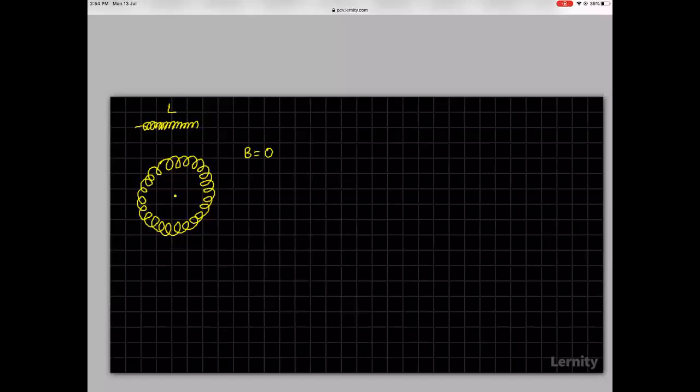But inside, B is equal to mu naught into n into I. The moment you took a length L with n turns per unit length and moved it into a circle, the circle has circumference 2 pi r. So the new number of turns per unit length is L into n by 2 pi r, or capital N by 2 pi r, where capital N is the total number of turns, which is equal to L into n.